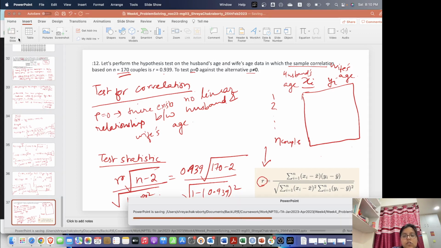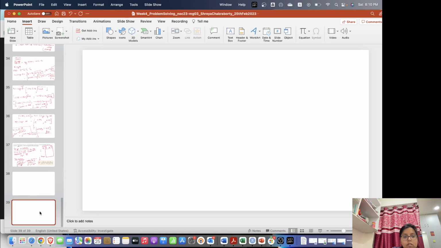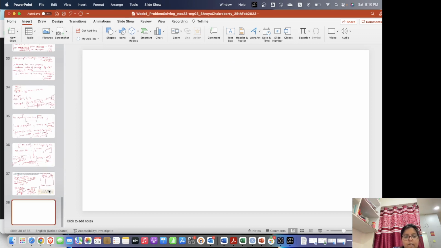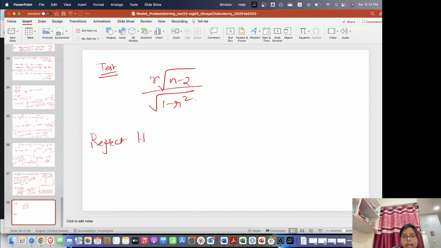And the decision rule: the test statistic in this case is r root over n minus 2 by root over 1 minus r square, and we'll reject H naught, rho equal to 0 against rho not equal to 0, if and only if the modulus of t observed is greater than the t distribution with n minus 2 degrees of freedom at alpha by 2, because we are using modulus.